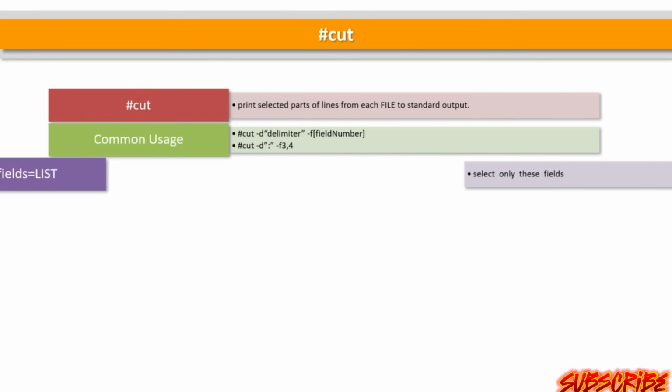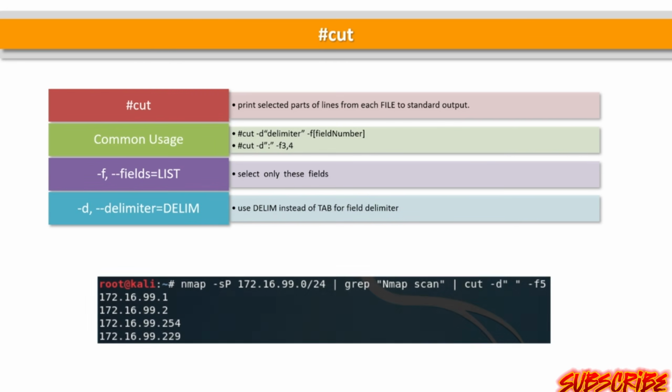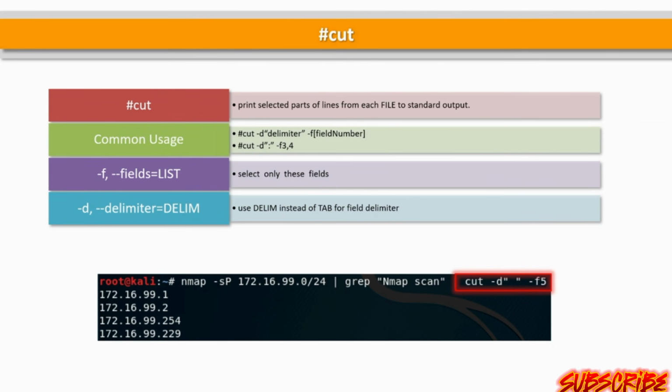So it can be used to cut parts of a line by delimiter, byte position, and character. -f is the parameter used to select only specified fields. With the -d parameter, a delimiter is used to cut data. So, let's see how it works.